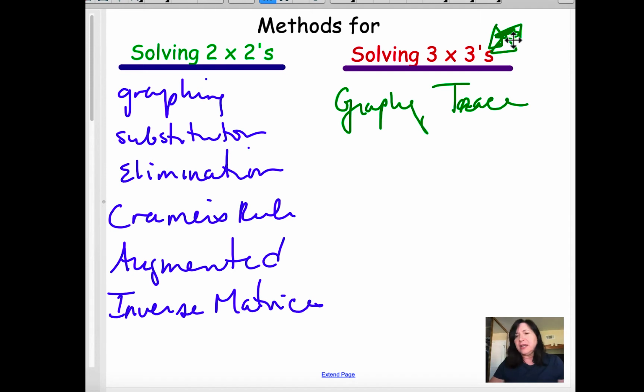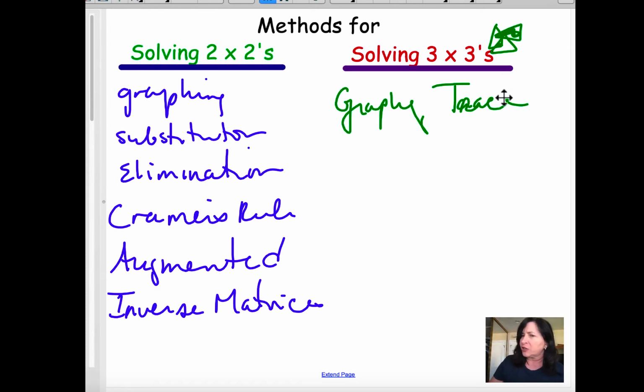From geometry you learned that two planes intersect in a line, but three planes are going to intersect in a point. Of course, that's one option. You could have more options, but for this case, since we're finding a solution to a system, we're looking for the point of intersection.